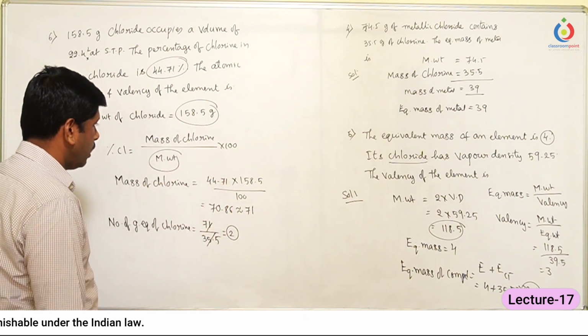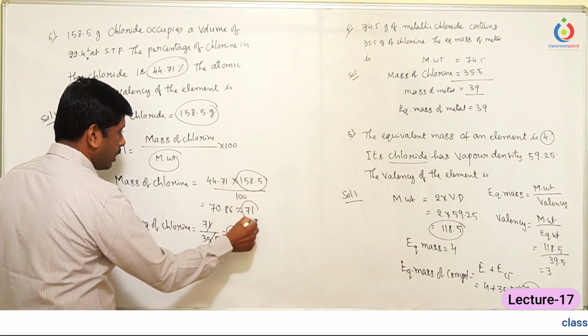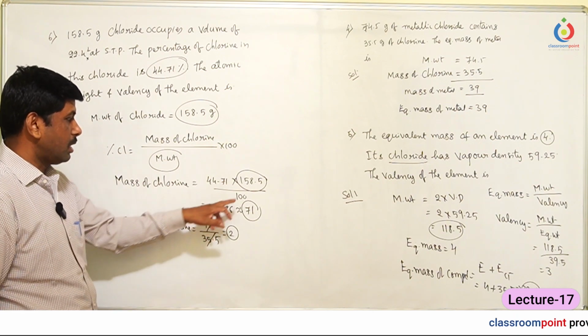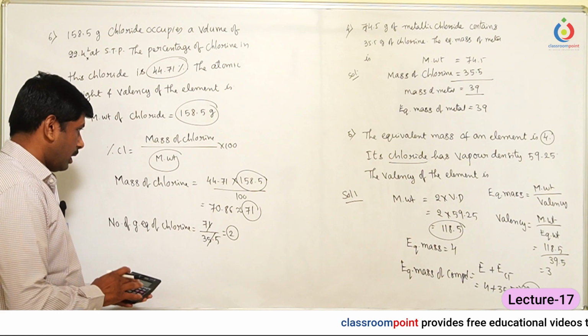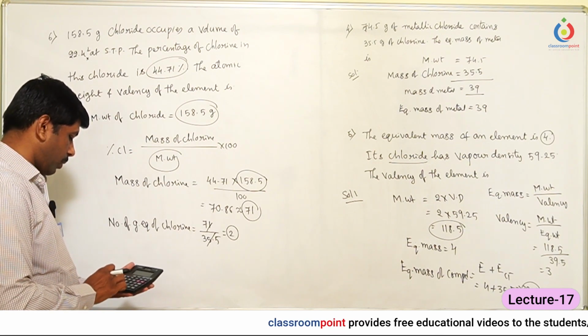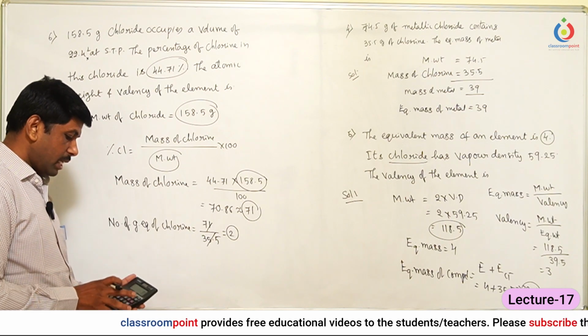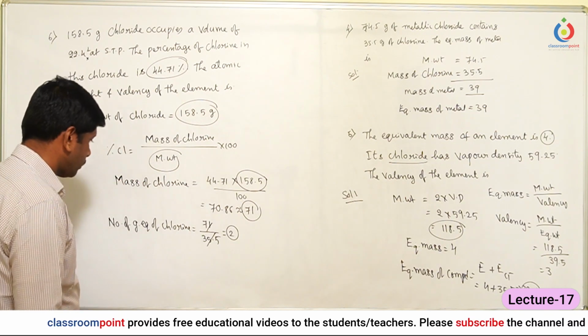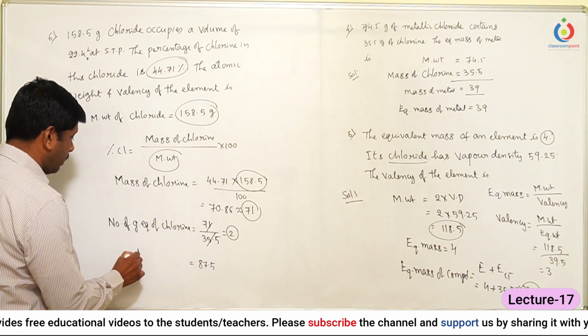Now let us see here, out of 158.5 grams, 71 grams of chlorine is present. What is the mass of the element? 158.5 minus 71, so 87.5 grams is the mass of the element.